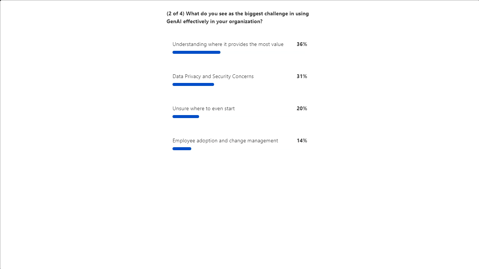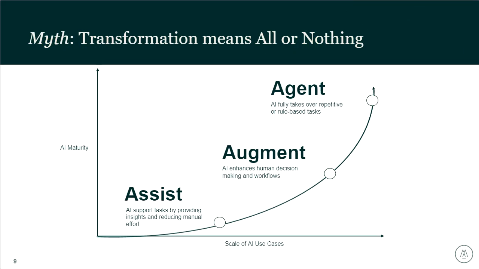So we'll dive into this business value content. What you see here is a graph that we'd like you to start thinking about, because we really want to myth bust this concept that transformation means all or nothing when it comes to Gen AI.